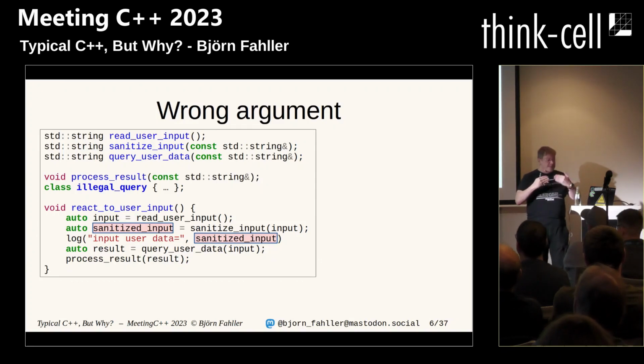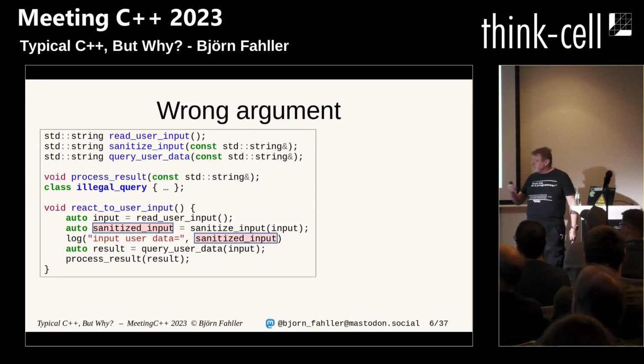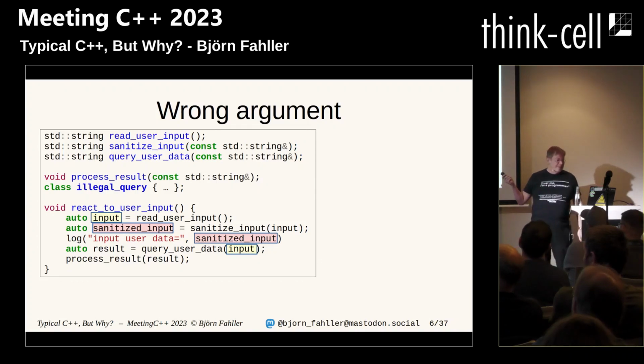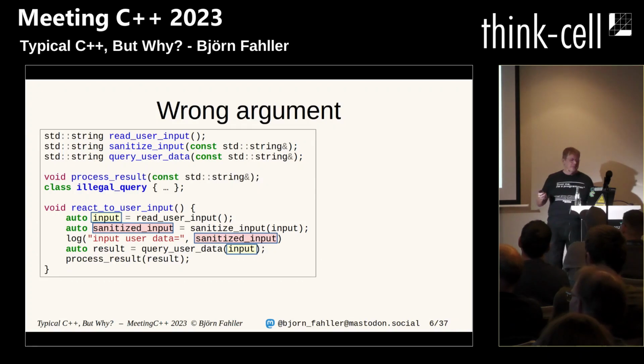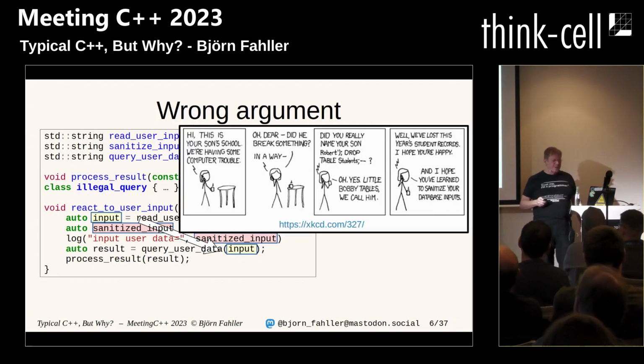So we sanitize the input because we don't trust users, they write weird things. And we log this sanitized output because it can be good to have for diagnostic purposes. But we have a mistake. The query is made with the unsanitized input. That is probably not good.